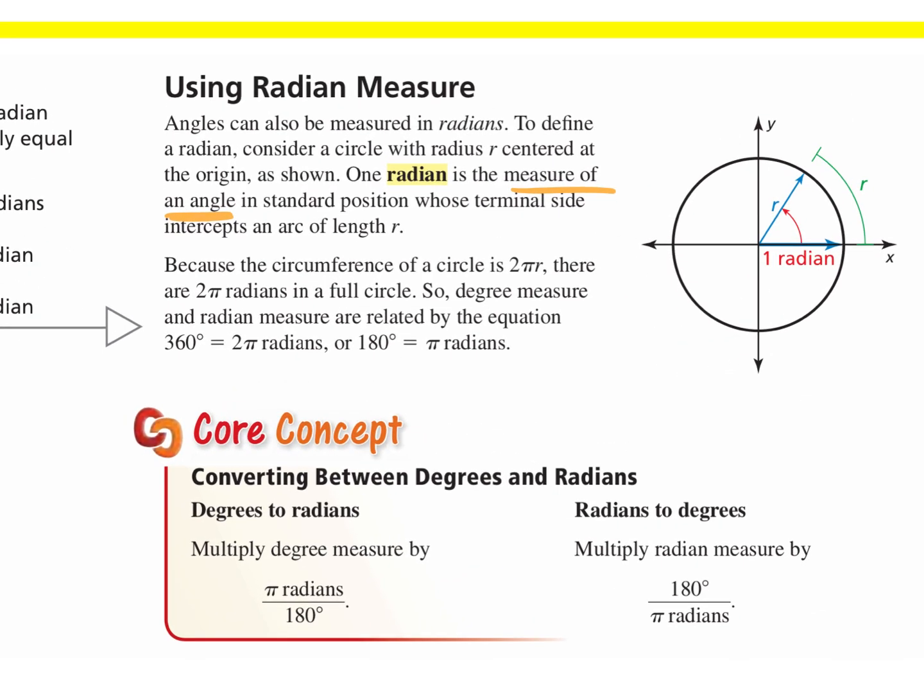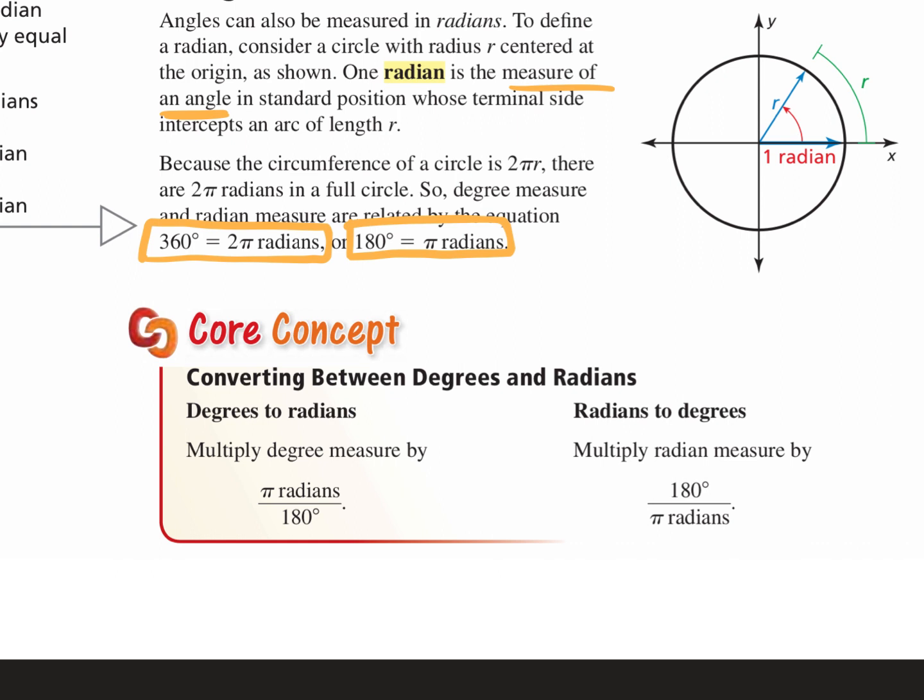So radians and degrees relate to each other. 360 degrees is 2 pi radians, which if we cut both of those in half, that means 180 degrees would be pi radians. So we can convert from radians to degrees and from degrees to radians. So going from degrees to radians, we would multiply by pi over 180.